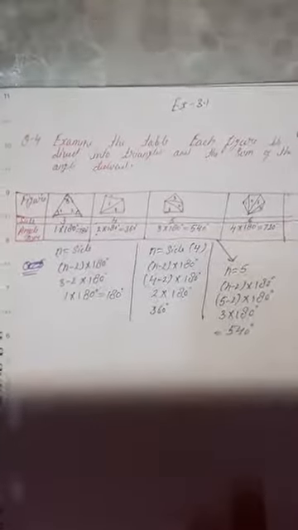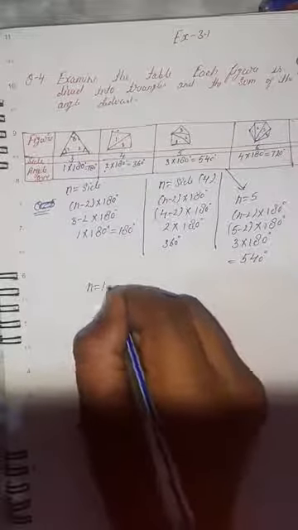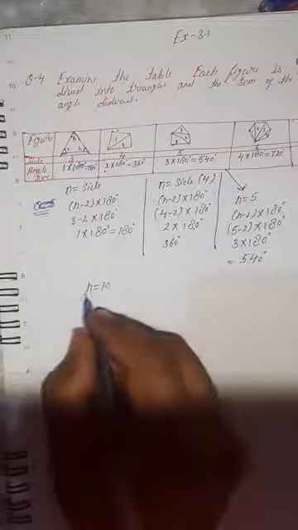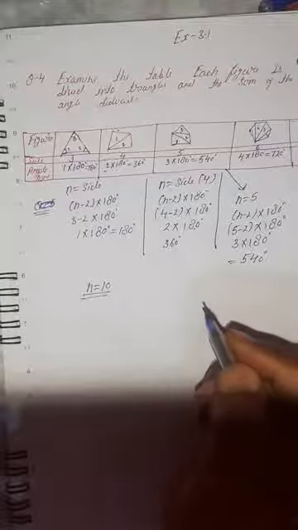Suppose I am giving you a different number of sides. Suppose you have n equal to 10. If I give you n equal to 10 and ask about the angle sum of that figure, any figure that has 10 sides.